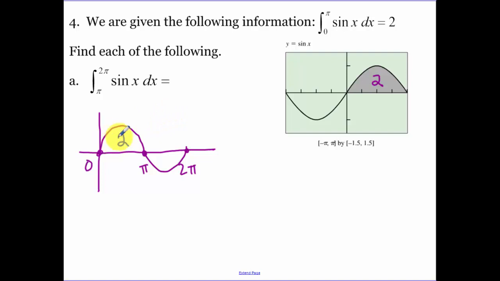What do you know about this area that's above the curve and the area that's below the curve? Those two pieces are essentially congruent. Just remember, area below the curve is negative. So this area above is the same as the area below, just negative. So our area below the curve is going to be negative 2.